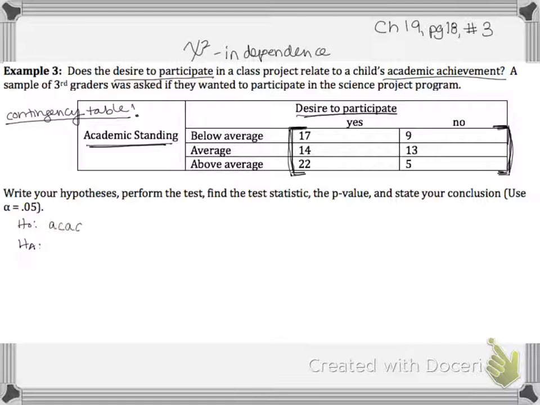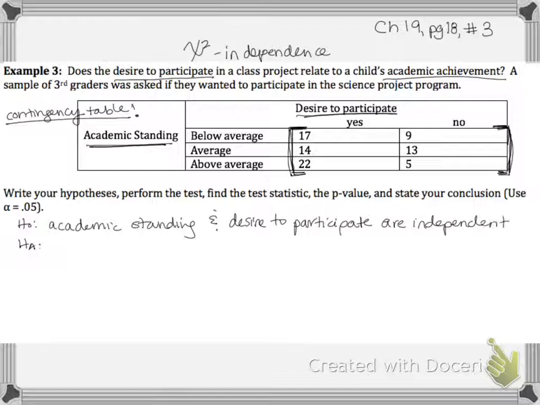So our assumption is that academic standing and desire to participate are independent, right? They are not related. That's what independent means. Our alternative states that they are in fact related. They are dependent, right? So we phrase it as the opposite of the statement we just made, right?